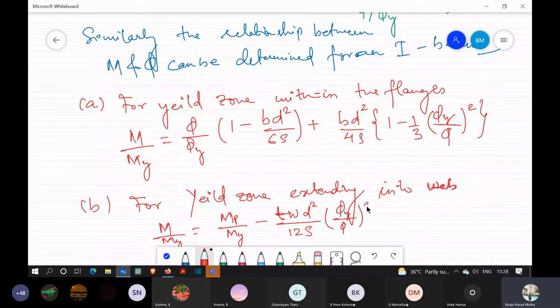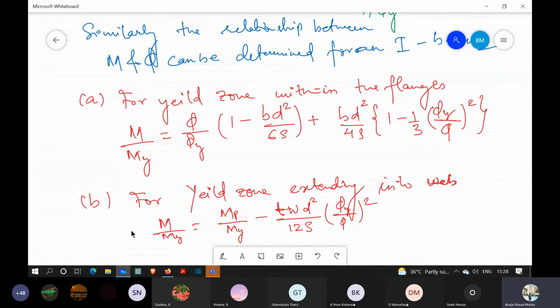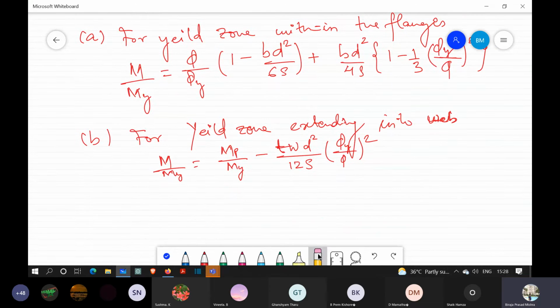Okay, now one thing is to be noted, that this tw is like this, tw, so it is thickness of web. Okay, right.